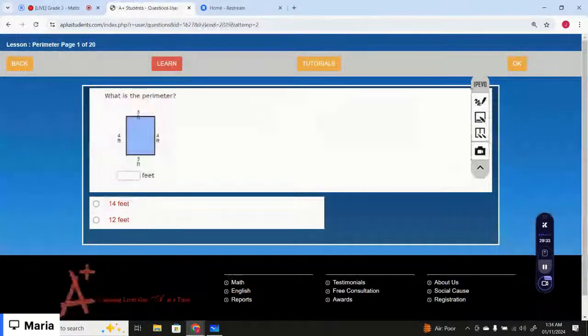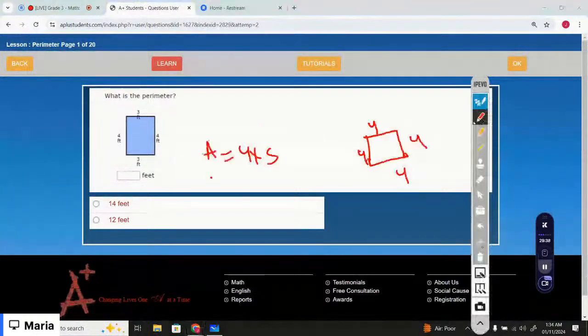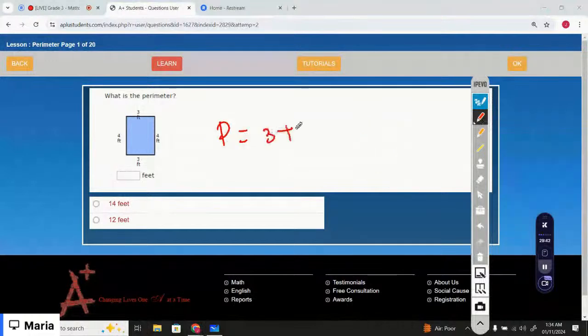What is the perimeter? What we have to do? Perimeter is the sum of the length of all these sides. So just add 3 plus 3 plus 4 plus 4. So which is the correct option? 8, 8 plus 6 makes 14. So the correct option is 14 feet.